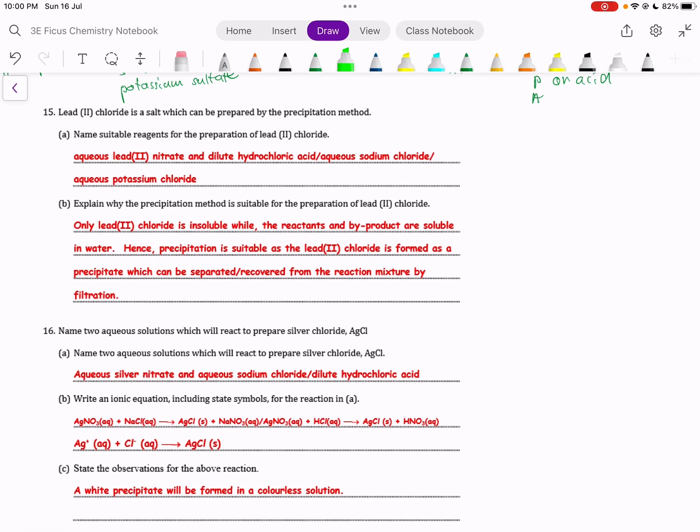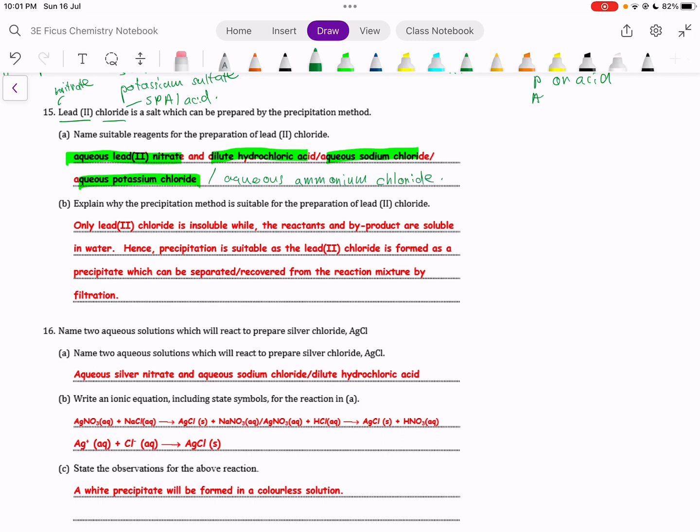Same thing, precipitation, so the cation goes with the nitrate, then chloride goes with either the spar or the acid. In this case you can use lead 2 nitrate, dilute hydrochloric acid, sodium chloride, potassium chloride, there's even aqueous ammonium chloride.